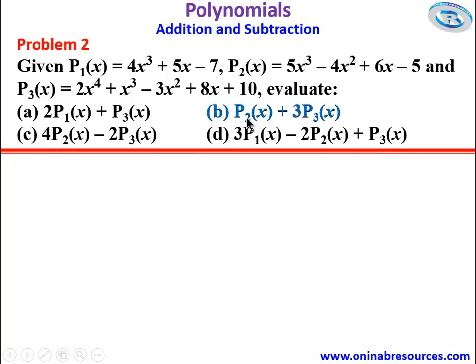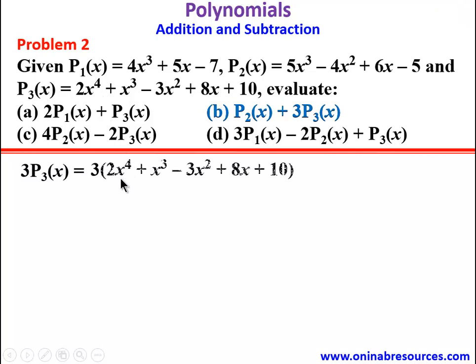For B, I have P2 of x plus 3P3 of x. So what we do here is we are going to find 3P3 of x first, which is going to give us 3 times P3. And our P3 is 2x⁴ plus x³ minus 3x² plus 8x plus 10.